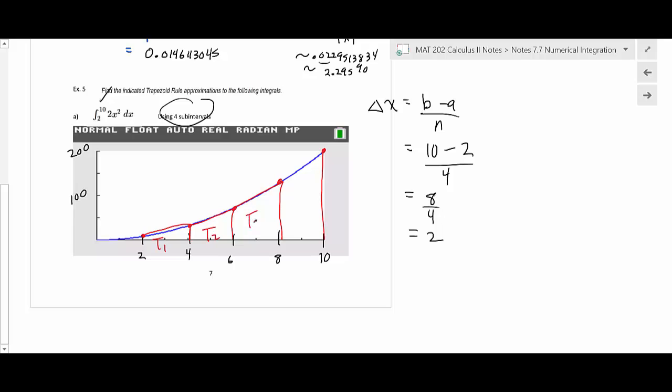So that would be the way you would want to get that one set up. On a curve like this, a quadratic, it's a very good approximation. And the more trapezoids we do, as delta x gets smaller and smaller, the closer it gets to the precise value. Okay, all right.